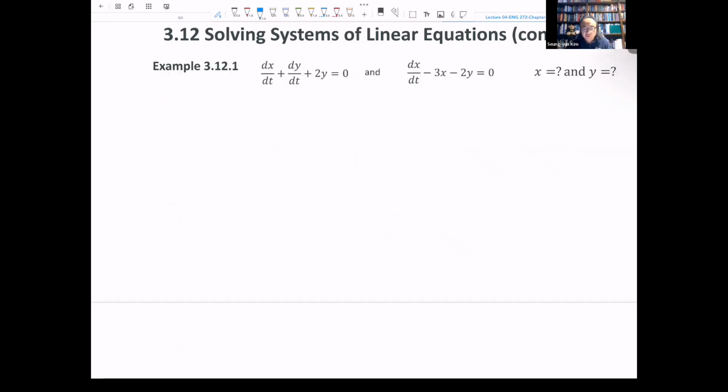So we have two differential equations and they have x, y with respect to t. It's going to be hard to keep writing dx over dt, dy over dt.